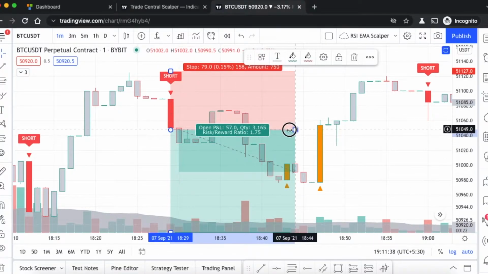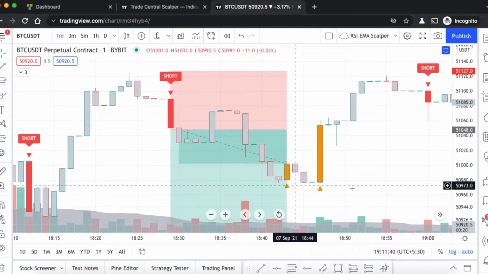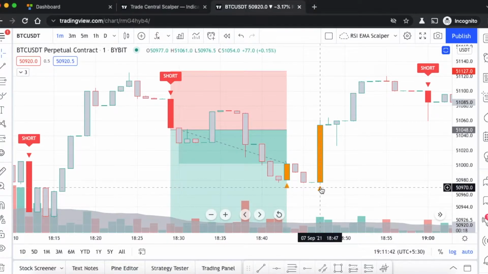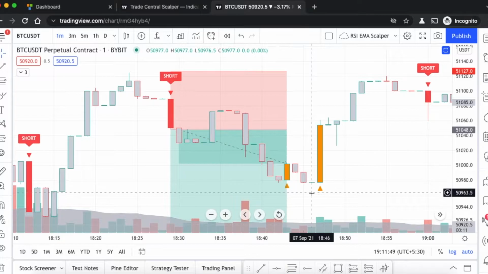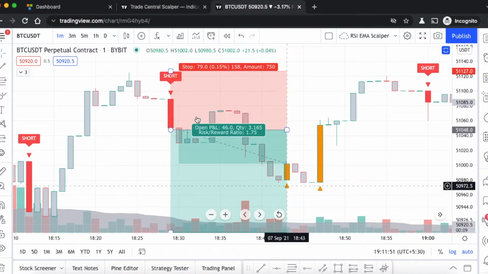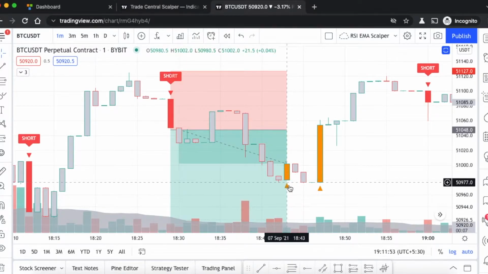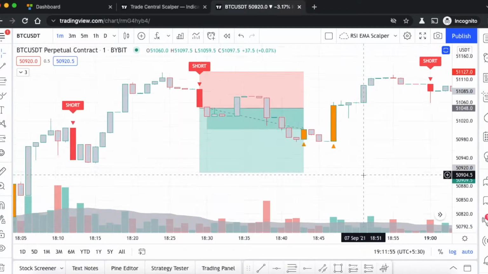Now you see there is this orange candle forming with the opposite signal, the long signal. Whenever you are in a short trade and an orange candle is formed with the opposite signal, an up signal, you exit after the close of that candle. That is your exit.